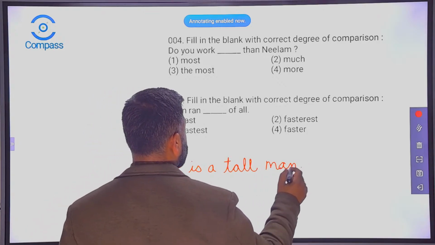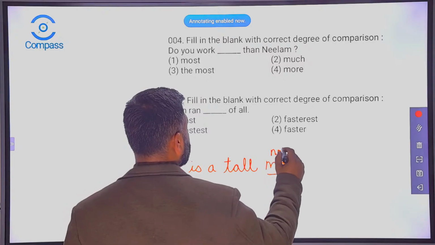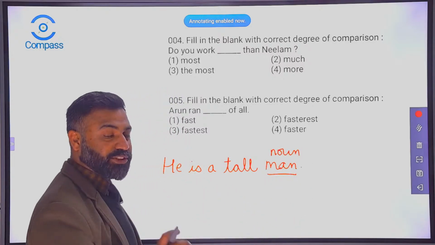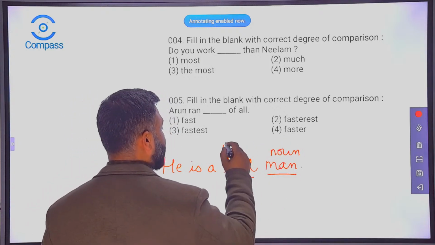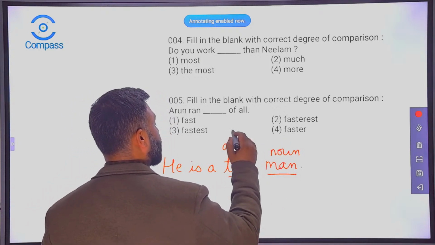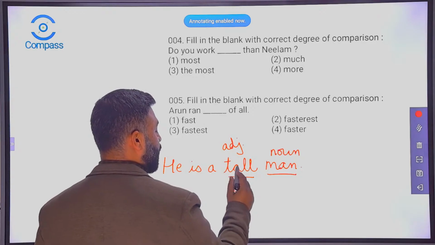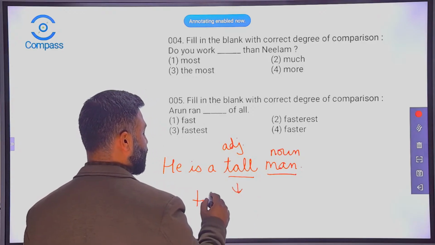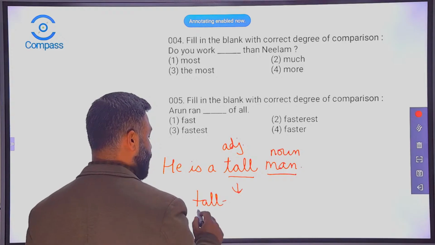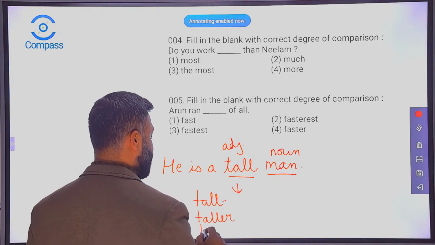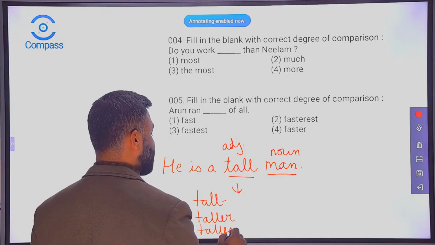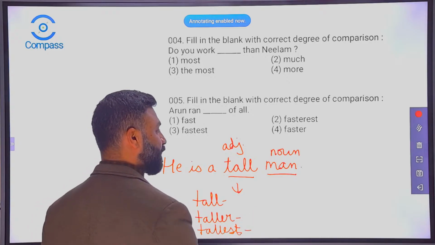Okay, so that's the noun, and an adjective describes the noun. So this is the adjective here, adj. Okay, now tall is the positive form, taller comparative, and then tallest superlative, right?